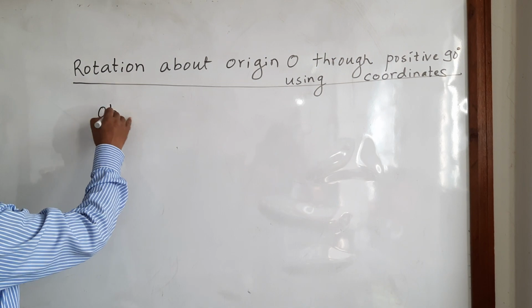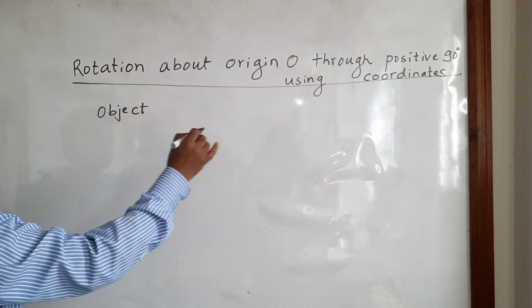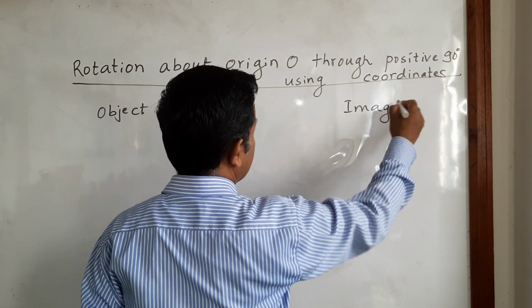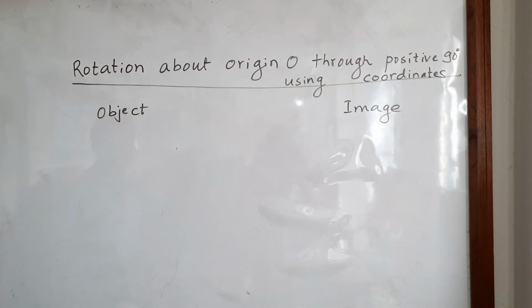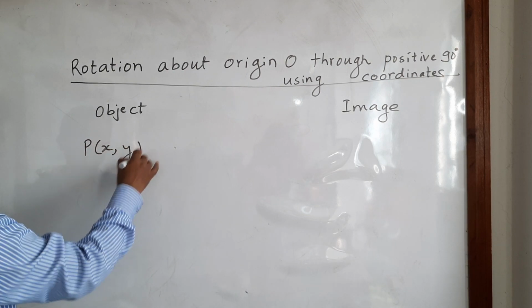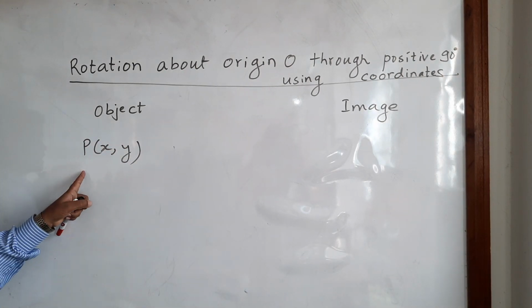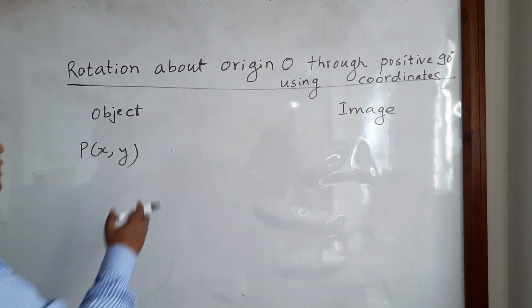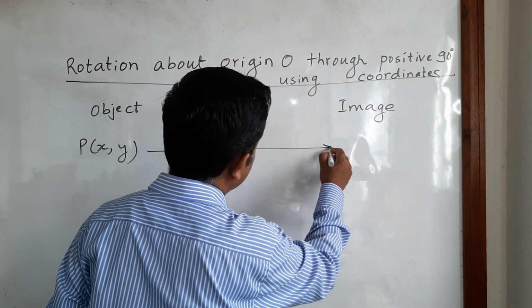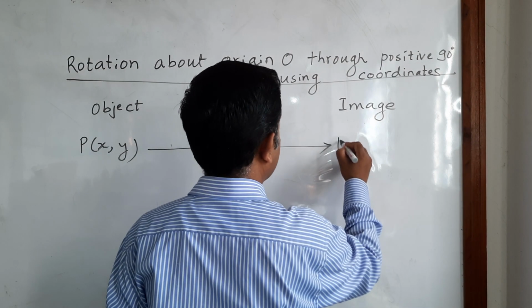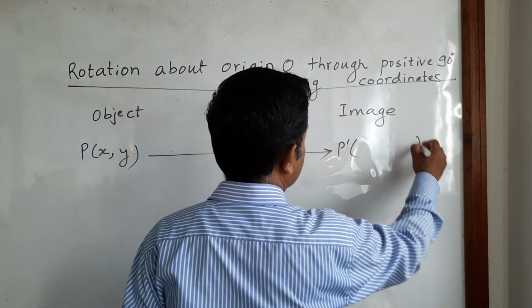So here, on one side I write object, and on the other side I write image. So object point is P(x, y). P(x, y) is the object point and its image is P dash.